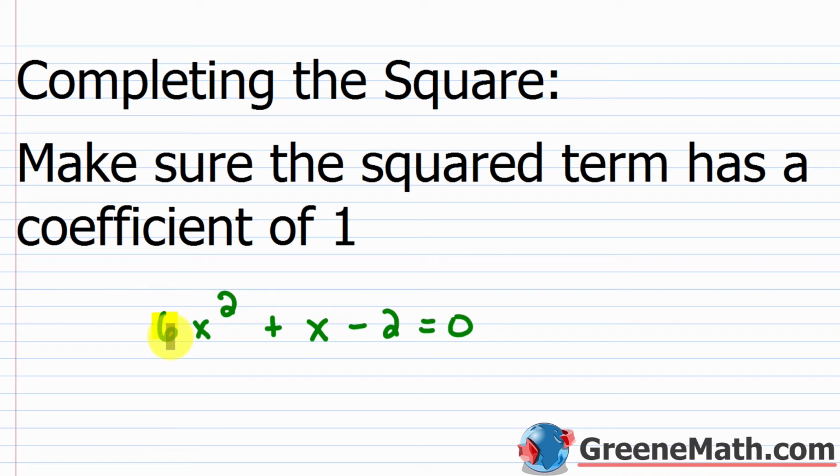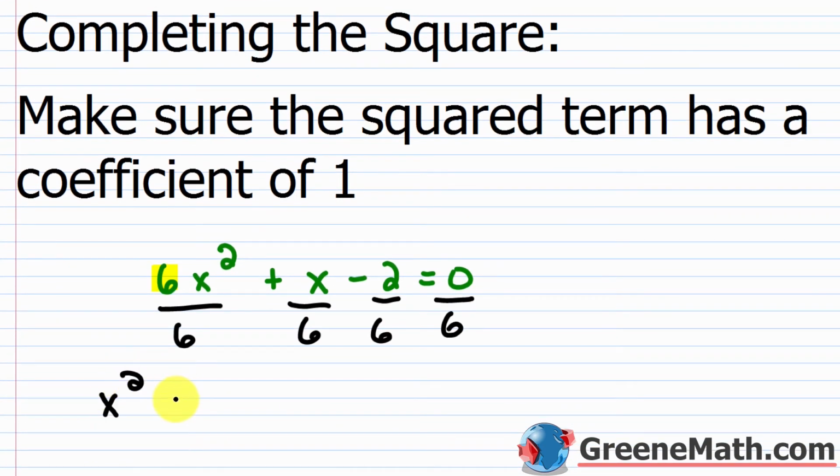I have a 6. So what can I do? Remember, I can multiply or divide both sides of the equation by the same non-zero number and not change the solution. So I can legally divide both sides of the equation by 6, and I can transform this into x squared plus 1/6 x, and then 2 over 6 is 1/3, so minus 1/3 is equal to 0.